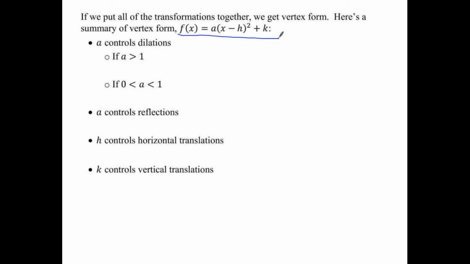A controls dilations. So if a is greater than 1, what kind of dilation do we have? A vertical stretch. And how will the parabola look? Yeah, the parabola looks skinny.